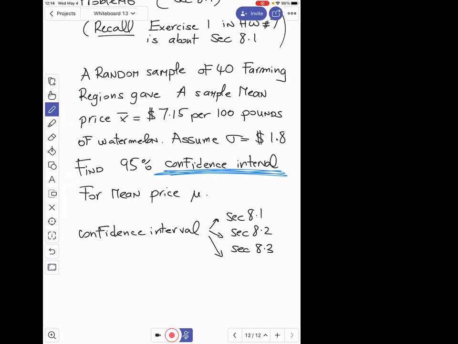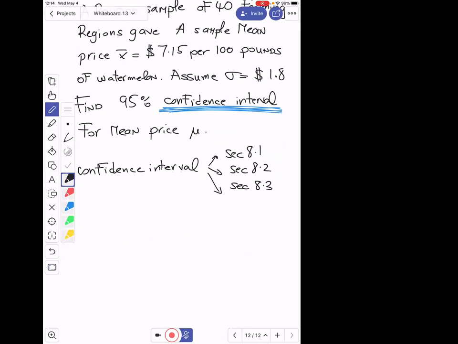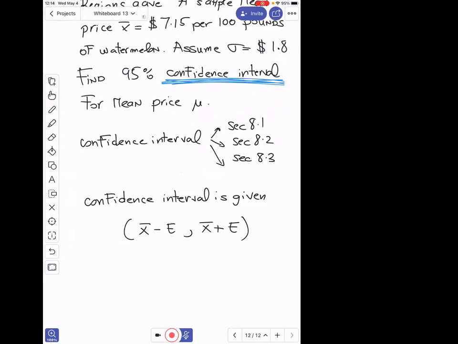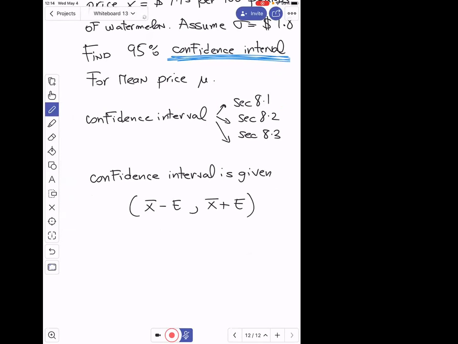Okay, so what's a confidence interval? I'm gonna just remind you, the confidence interval is given by X bar minus E, X bar plus E. The X bar is the sample mean.